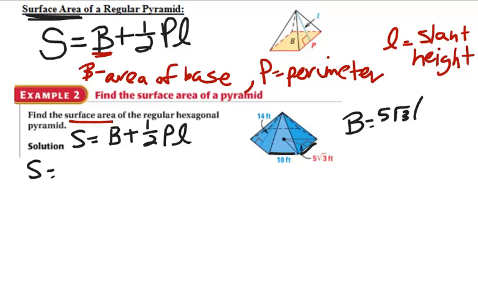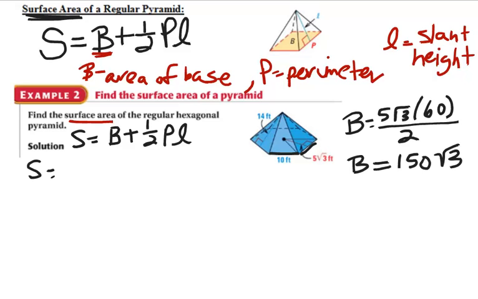I've got 10 for one side, and I have 6 sides to that base, so that's going to be 60. 5 square roots of 3 times 60 divided by 2 gives me the area of the base, which is 150 square roots of 3.